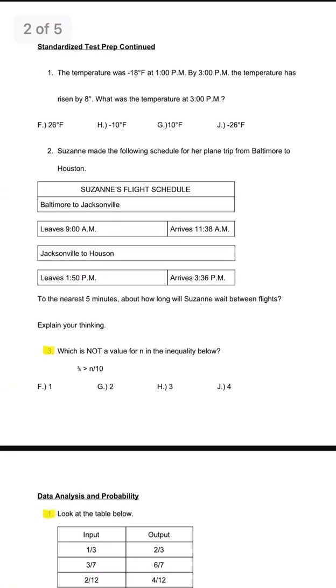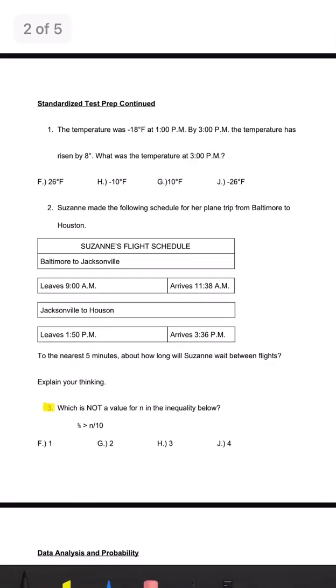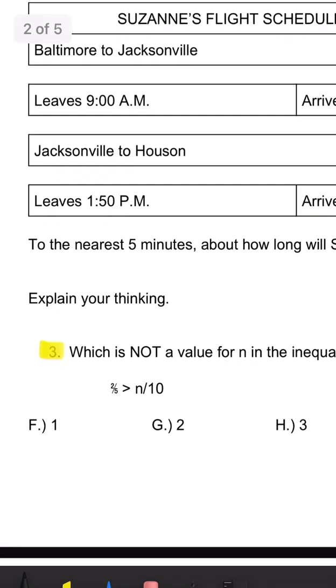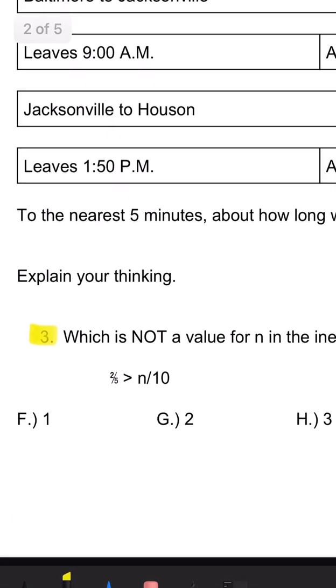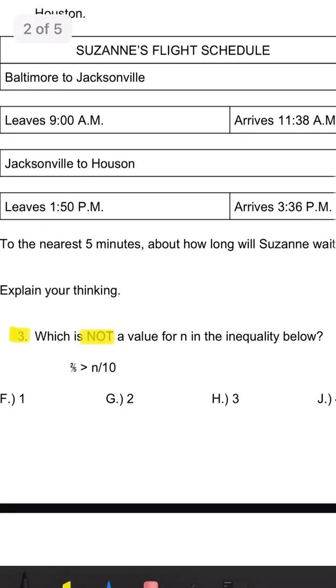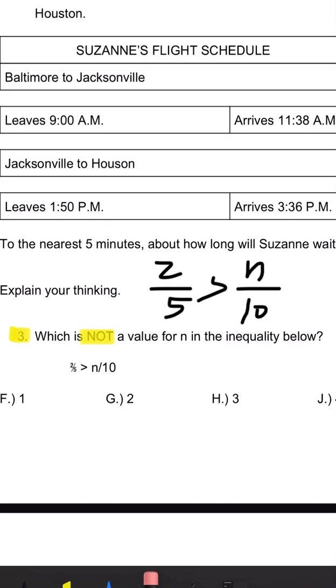Moving on to page number 2, we have standardized test prep continued. Number 3 says, which is not a value for n in the inequality below. So one key factor in this is the word not. In order to solve this problem, we have to use cross multiplication, and again, cross multiplication is when you simply multiply across. So we'll be multiplying this way as well as this way.